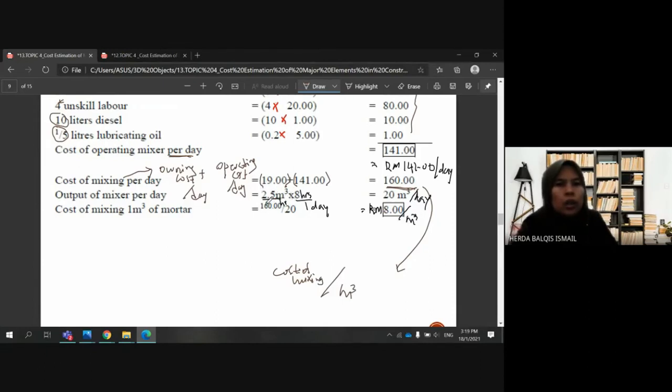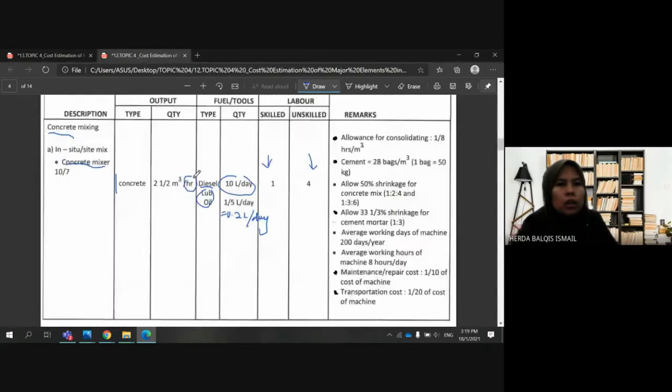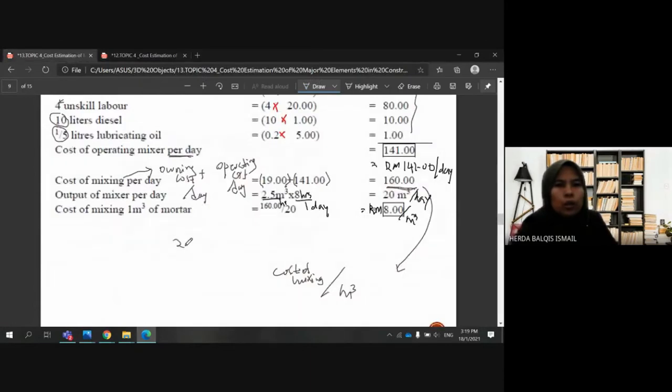We know that in 1 hour the mixer can produce 2.5 cubic meter. So in 1 hour it can produce 2.5 cubic meters per hour. The mixing cost is per day, 160 ringgit per day.